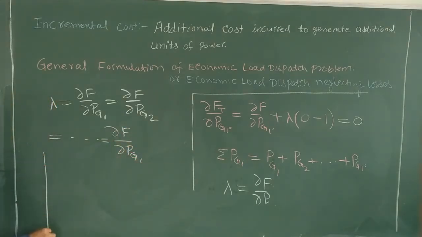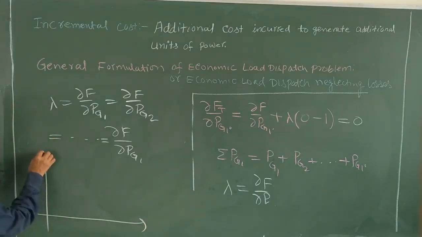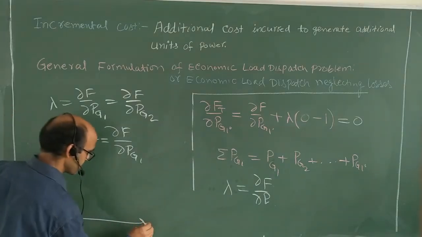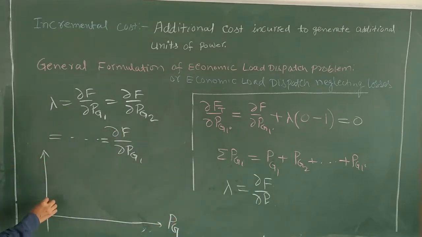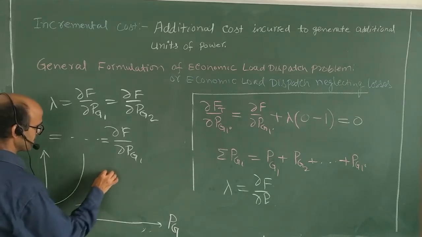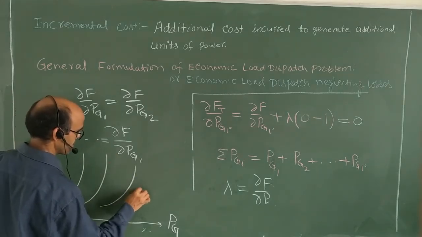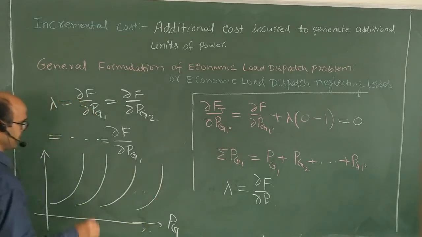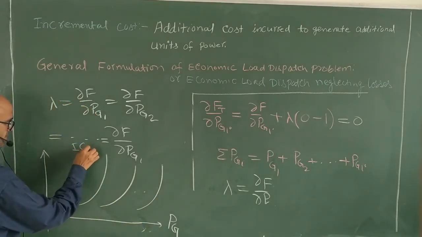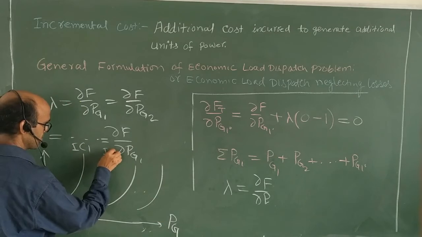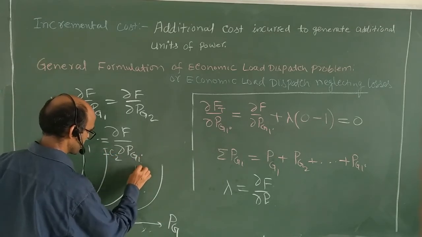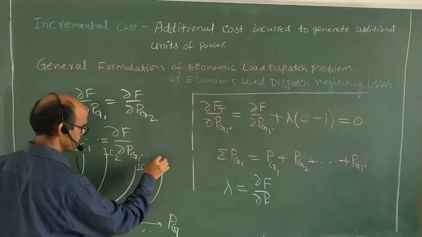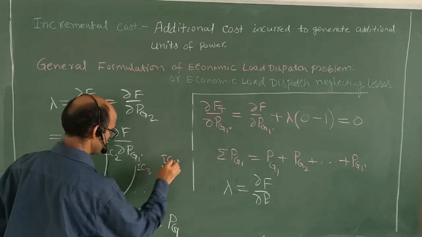If I plot this on a graph, you can easily see this is Pg. These are the incremental costs: incremental cost 1, incremental cost 2, 3, up to 5, that is IC1, IC2, IC3, IC5.